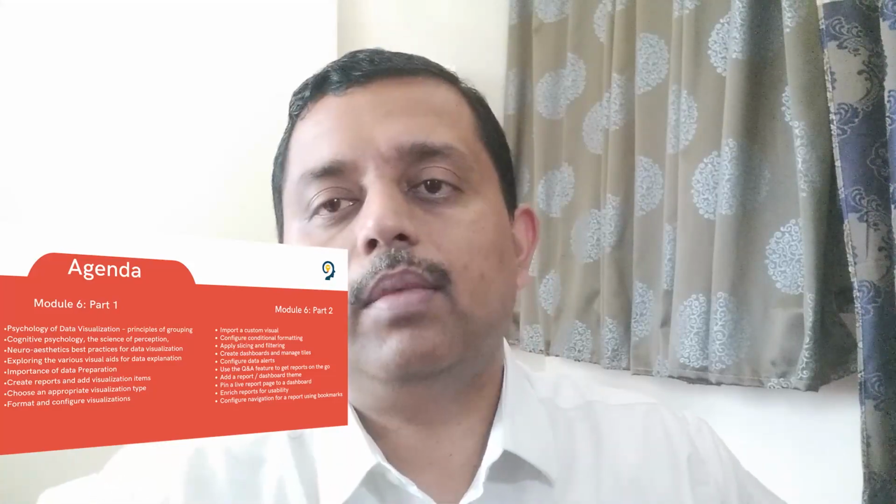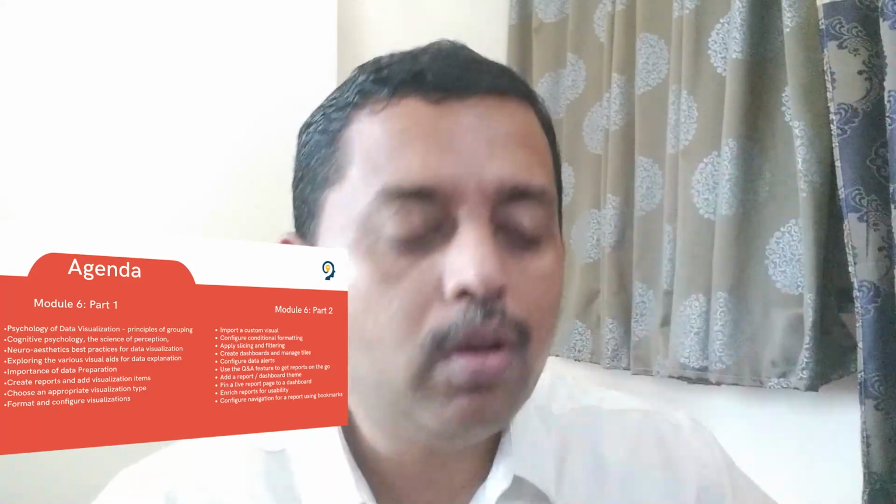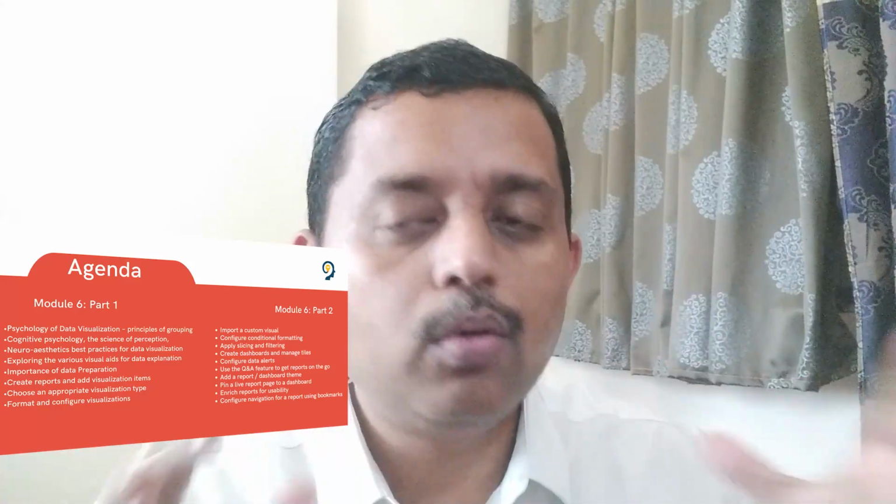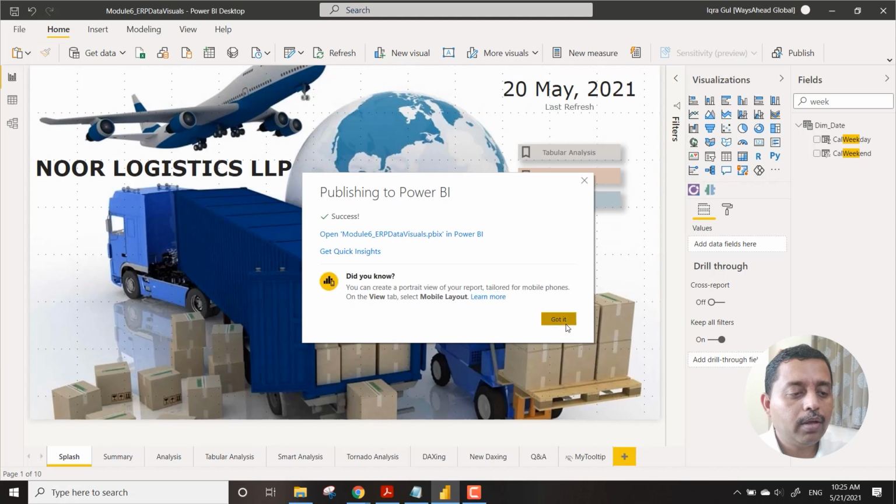You should always have storyboarding in place. And then we saw how to develop these kinds of reports and take them to the cloud. In the cloud we saw how to manage the tiles, the dashboards and the reports.